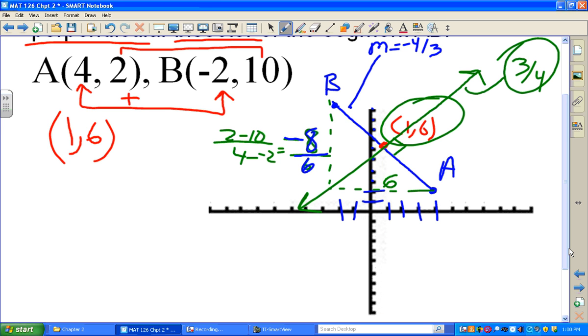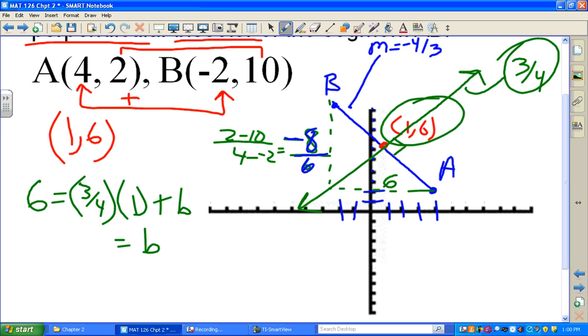How do you guys find the equation of a line? How are you taught to do it? With the quotients? Where you set two fractions equal to each other? No? You guys don't remember how to find it? Okay. I'm just going to go with 6 equals 3/4 times 1 plus b.